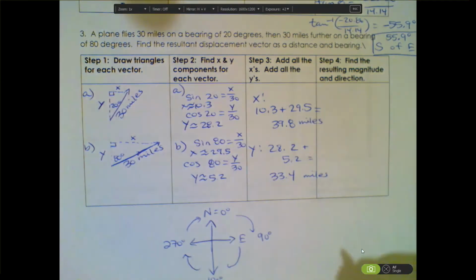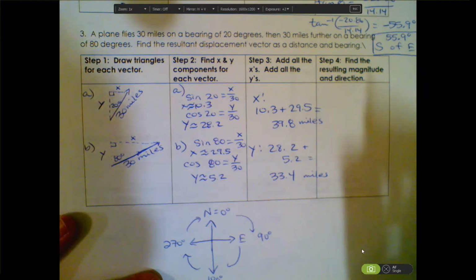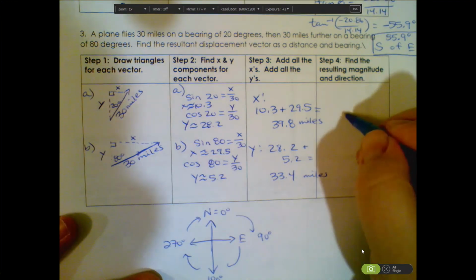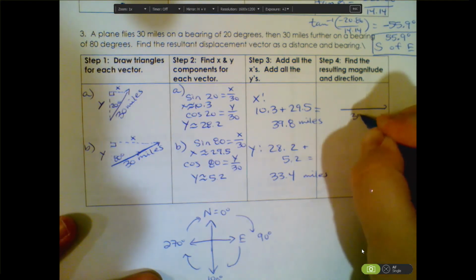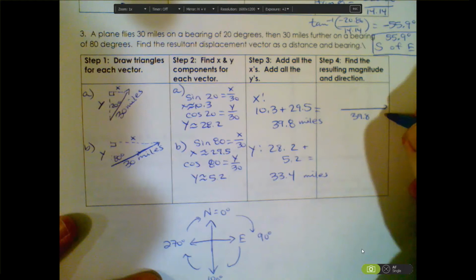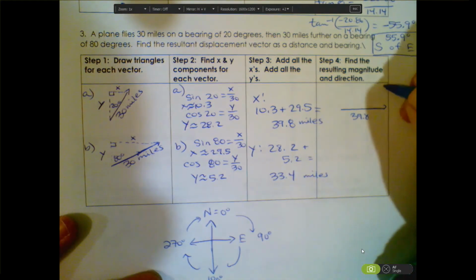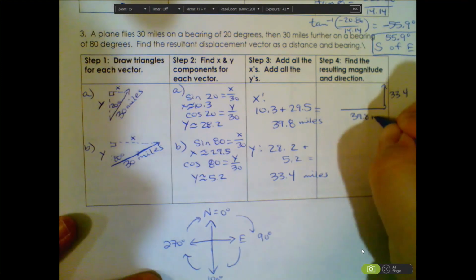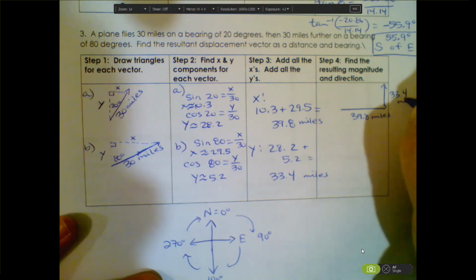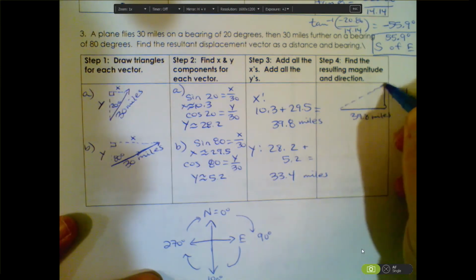Okay, now let's find the resulting vector. X is positive 39.8, so I'm going over 39.8, and y is positive, so I'm going to go up 33.4. Not drawn to scale. These are miles. Okay, so my resulting vector is coming from here.